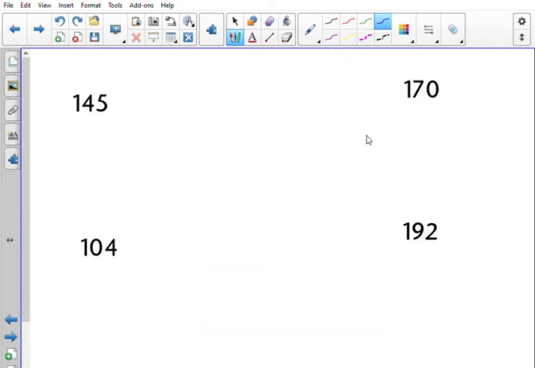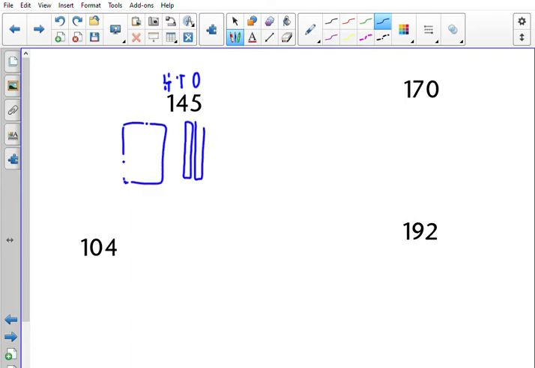Now, when we do that with 3-digit numbers, of course, it's slightly different because now you've introduced hundreds, tens, and ones. Okay? And 100 looks like a big square like this. 4 tens, 2, 3, 4, and then 5 ones. Okay?